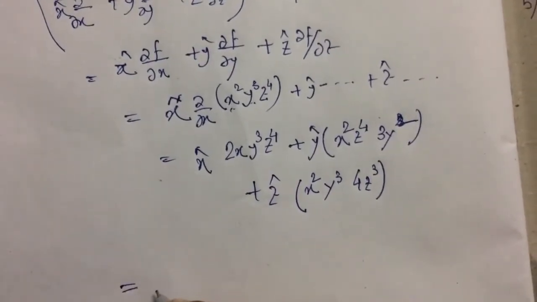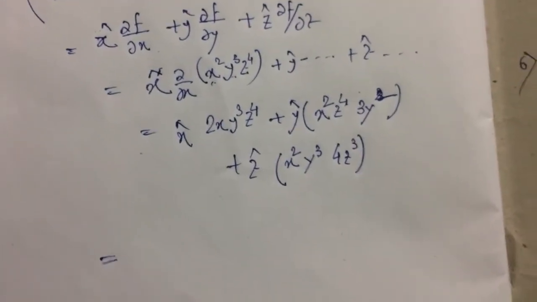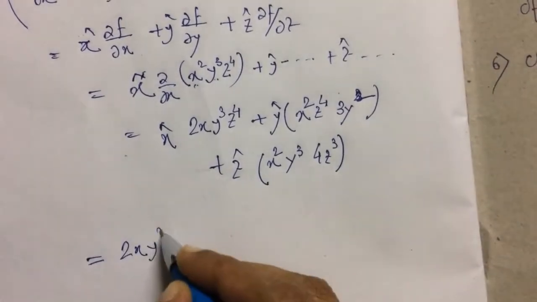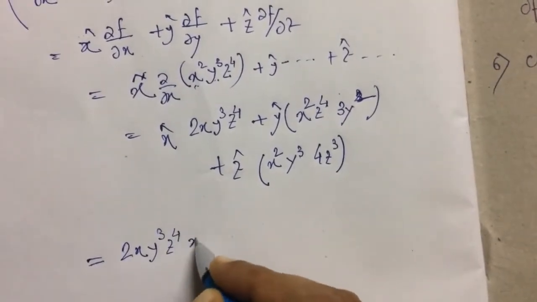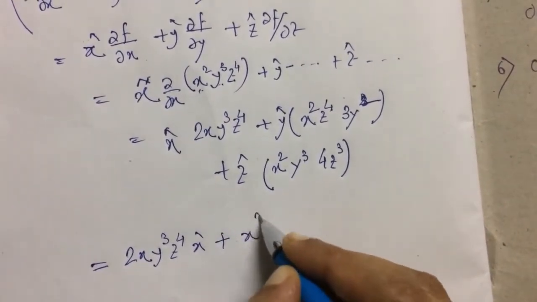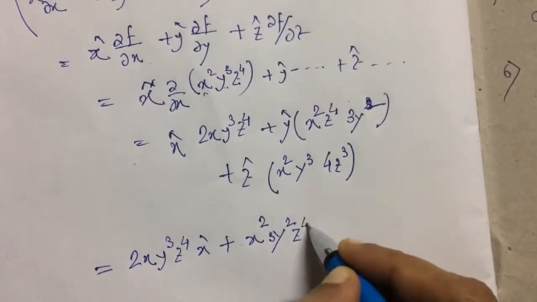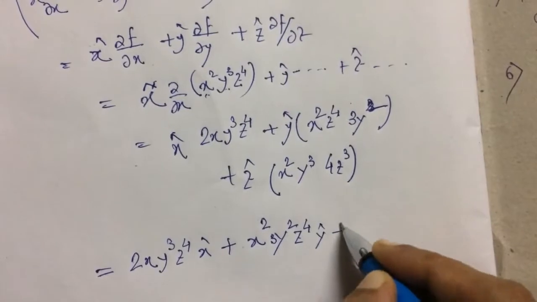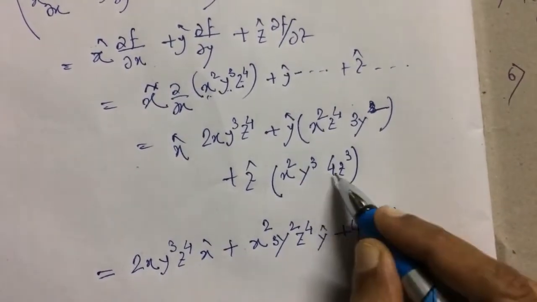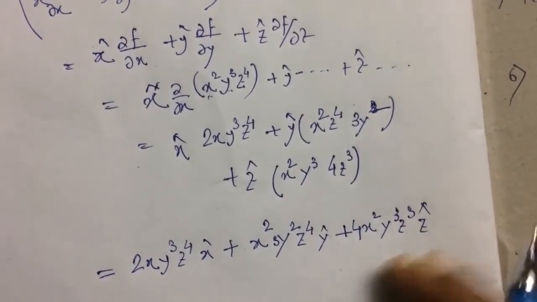So if we do just some rearrangement, we could have 2x y cube z to the 4 x cap plus x square 3 of y square z to the 4 y cap plus x square y cube, the 4 is here, so it's z cube and it's z cap.